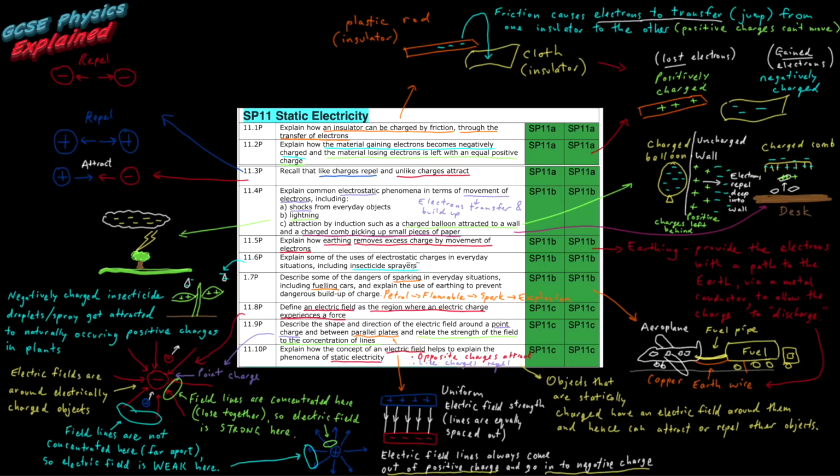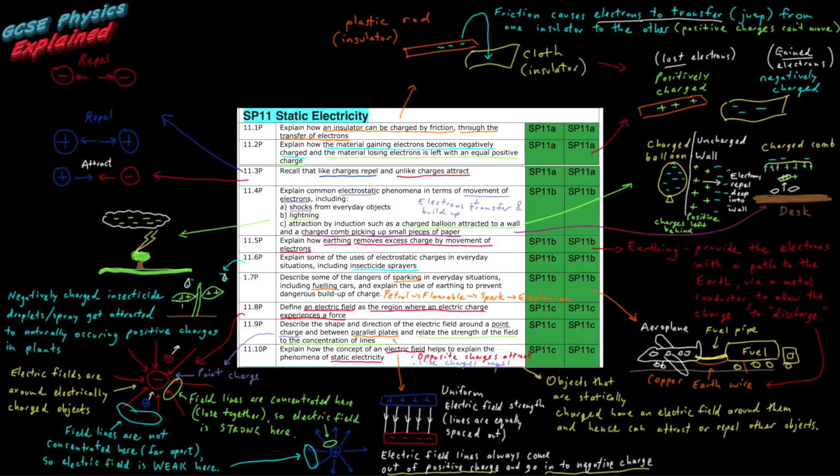Explain some of the uses of electrostatic charges in everyday situations, including insecticide sprayers. So with an insecticide sprayer, you charge your spray gun negative, let's say, which means that when you spray it, all the little droplets come out with a negative charge. Now, the farmer doesn't have to go around rubbing all the plants. That would be absolutely ridiculous. But remember, the plants will get an induced charge simply by another charge coming close to it.